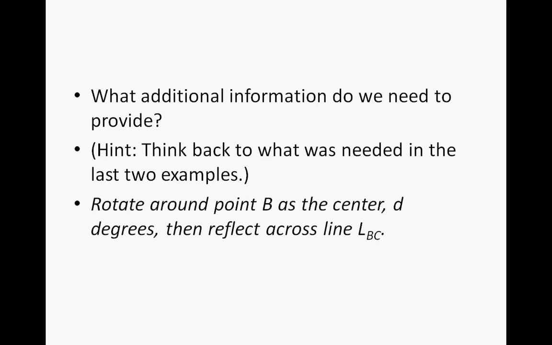First of all, we want to rotate around point B as the center, D degrees, and then we want to reflect across line BC. So you can also add in there that you're going to rotate around B, D degrees, until C coincides with C prime. And that is going to cause a line called BC, and we're going to use it to reflect.